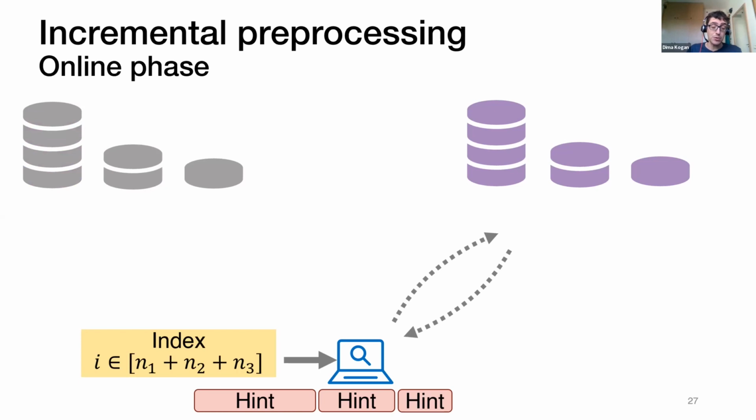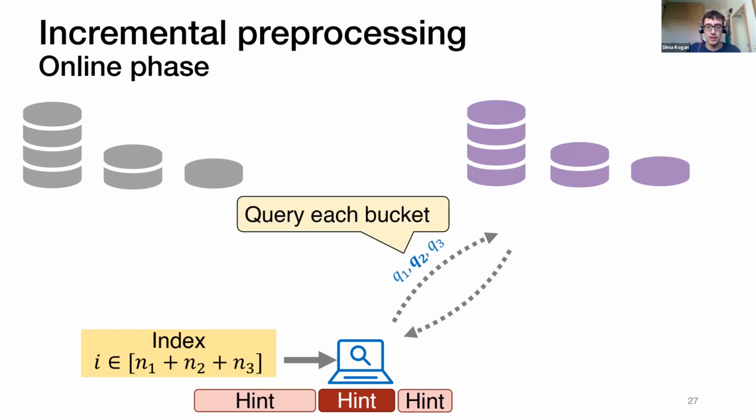And then how do you run the online phase here? When the client wants to read a particular index in the database, first of all it maps it to the correct bucket. So here, if it's just lookup by index, it knows the size of each bucket, so it knows which bucket it needs to query. And then it sends the query that belongs to that bucket.